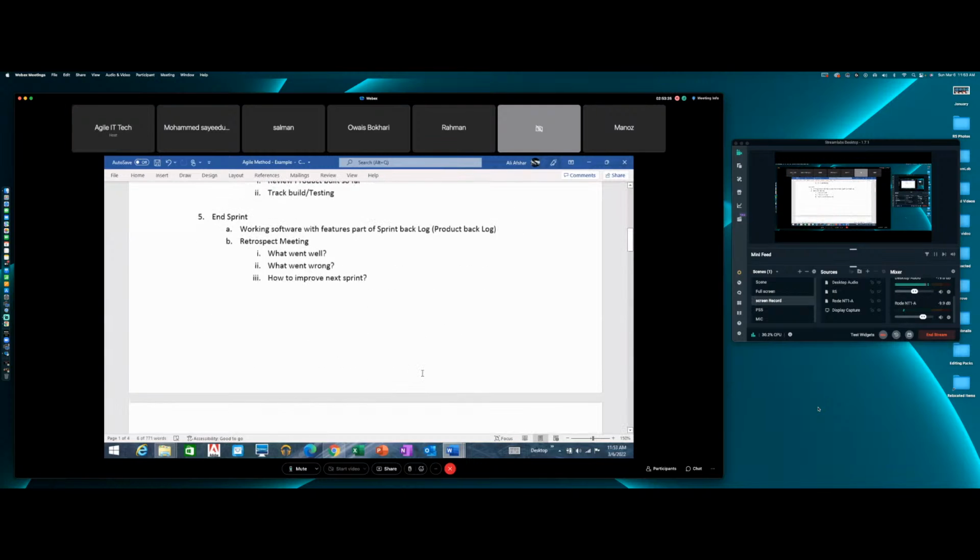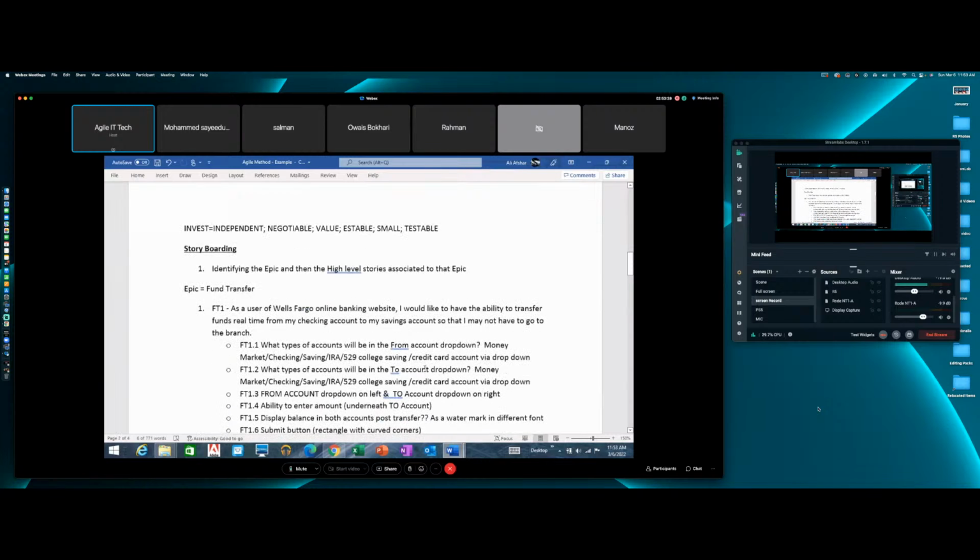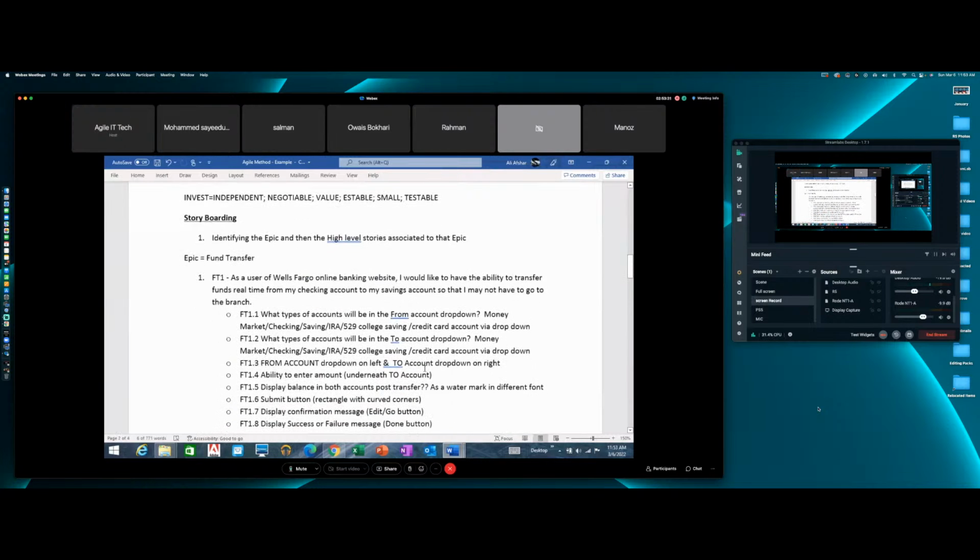So the next thing we want to talk about is the actual storyboarding. All right. So whenever we are writing stories, we should think about the acronym INVEST. I stands for independent, meaning the stories should be independent. N means the stories should be negotiable.